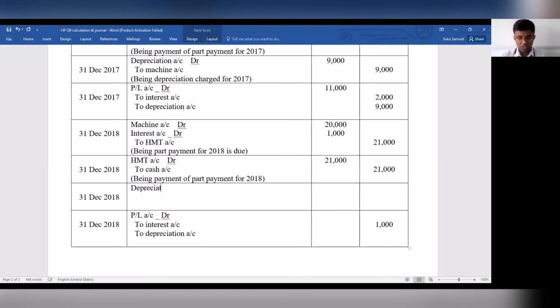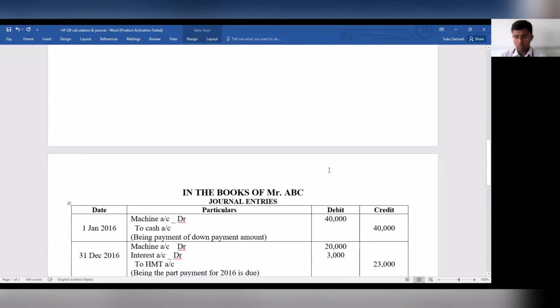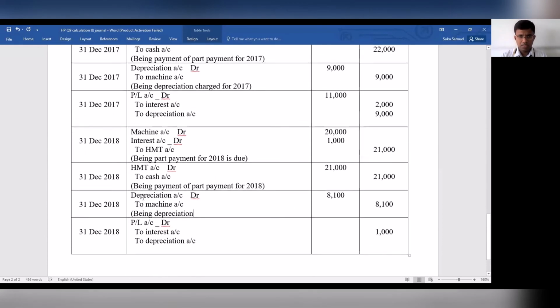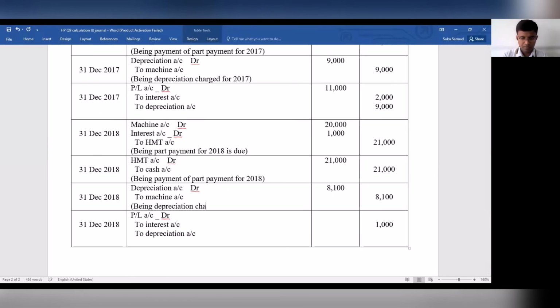So depreciation account debited, and depreciation for the third year would be 8,100. So 8,100 to machine account 8,100, being depreciation charged for 2018.